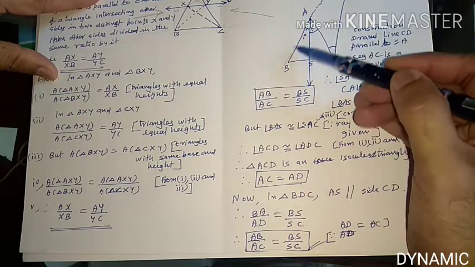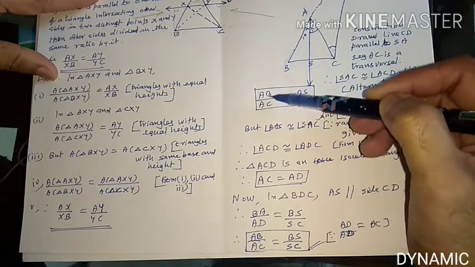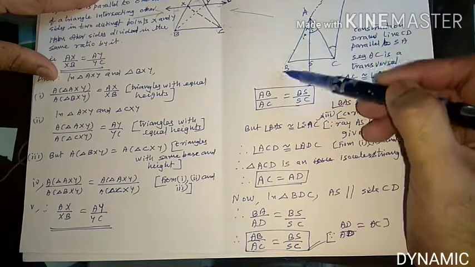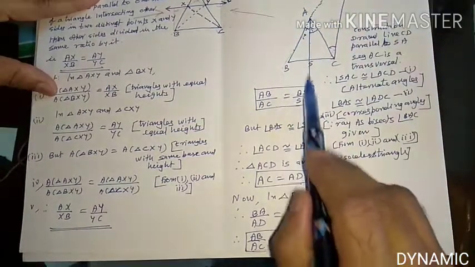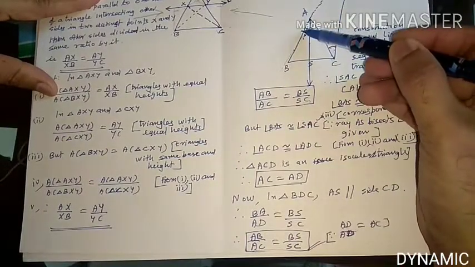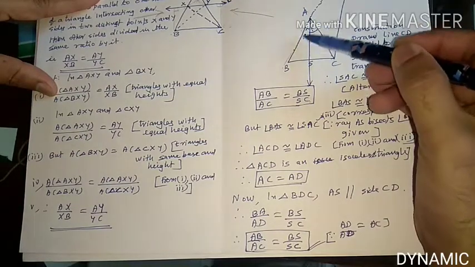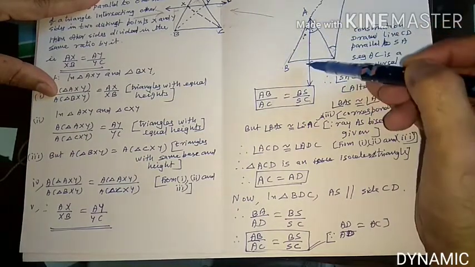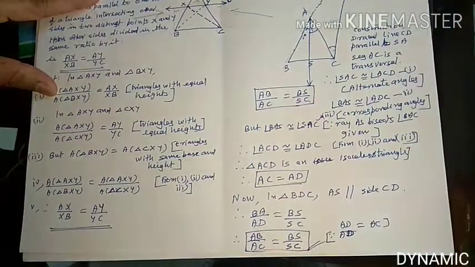See, the side AB upon AC, numerator ends at B. Therefore, start from there. The second ratio is BS upon SC. That is AB upon AC equal to BS upon SC. This is the property of angle bisector.